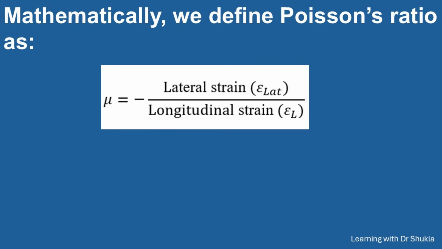Mathematically, we define Poisson's ratio mu as the negative ratio of lateral strain to longitudinal strain, where lateral strain is the change in lateral dimension divided by the corresponding initial dimension, and longitudinal strain is the change in length divided by the original length.